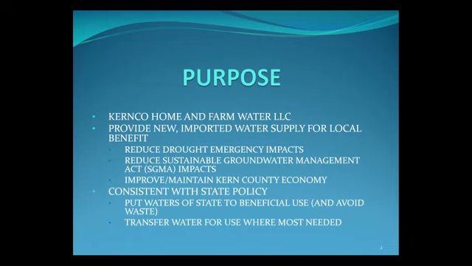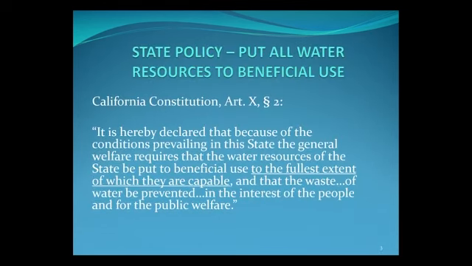He wants to do that consistent with state policy, which requires that all waters of the state be put to reasonable and beneficial use and that you avoid waste. And he intends to transfer water for use where it's needed most. That's the purpose of this project.